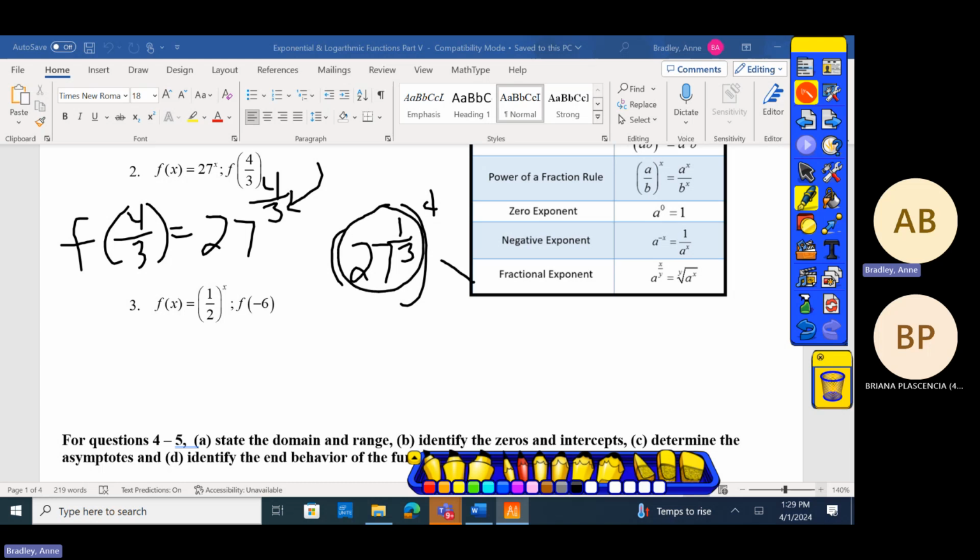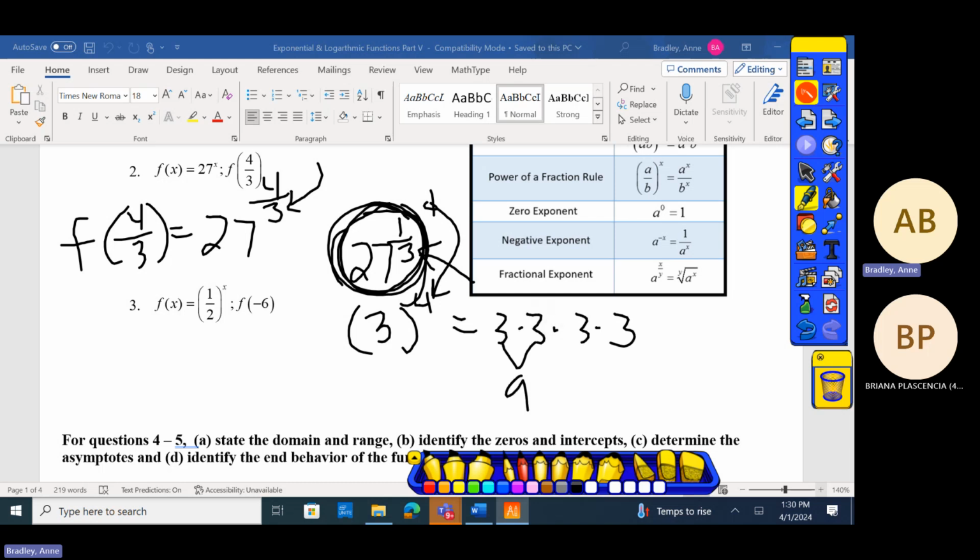It means what times itself 3 times gives us 27. 2 times 2 times 2 is 8. 3 times 3 times 3 is 27. So this portion alone gives me 3, and then I'm going to evaluate it to the 4th power. So 3 times 3 times 3 times 3, I know 3 times 3 is 9, 3 times 3 is 9, and 9 times 9 is 81. So I could say f of 4/3 is equal to 81.